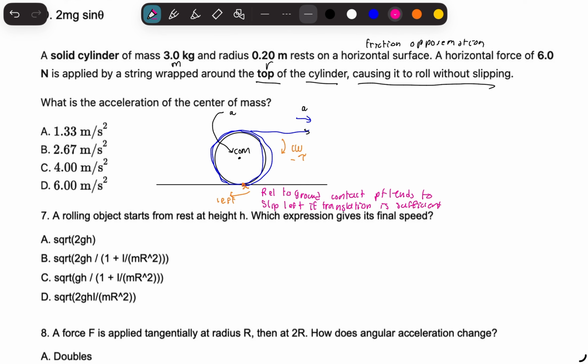We also know that Fs, your static friction, is going to oppose the tendency. So that means your friction is going to be to the right.